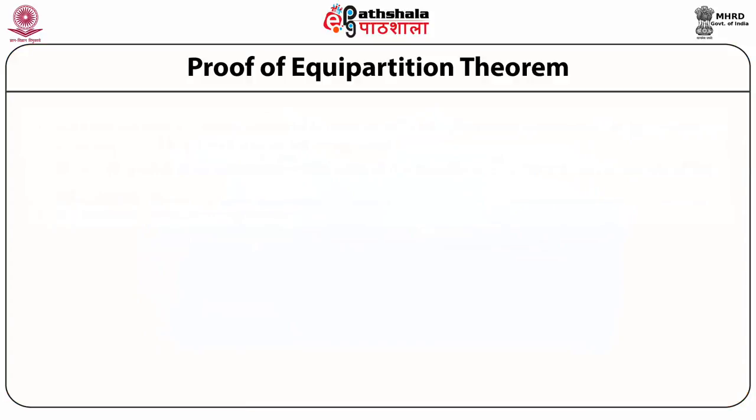Here, we have 3 canonical variables for translational motion, 3 for vibrational motion, 2 for rotational motion, and 2 each for electrical energy and magnetic energy. Proof of the equipartition theorem.